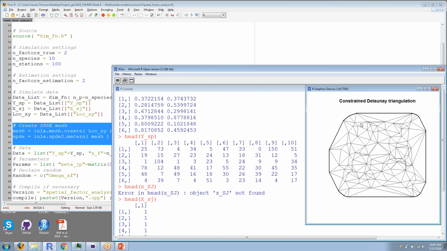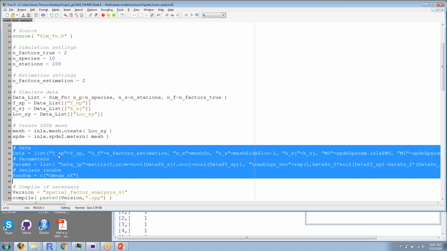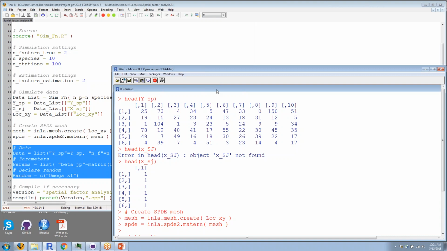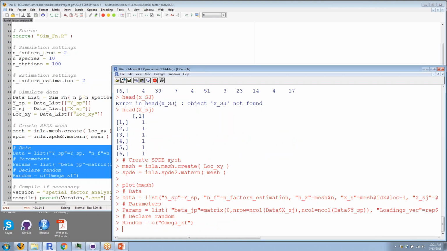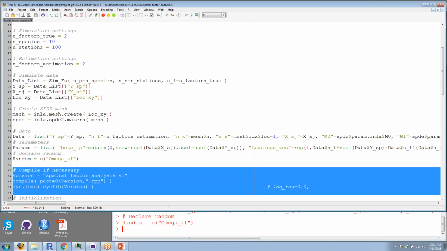As John showed us, we can approximate this random field much better if we fill in vertices in this mesh to satisfy the minimum angle criterion, boundary conditions and so on. Maybe I'll focus on doing that if I teach it again. We generate the input lists for TMB, and then I'll show the CPP code in a bit.